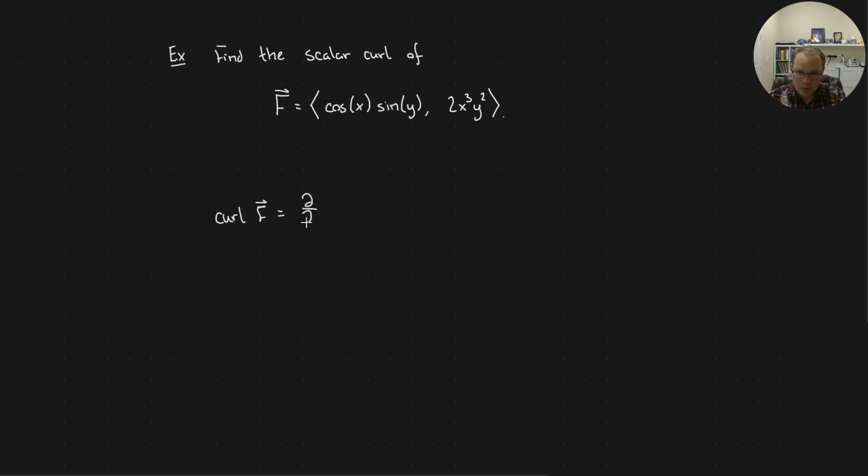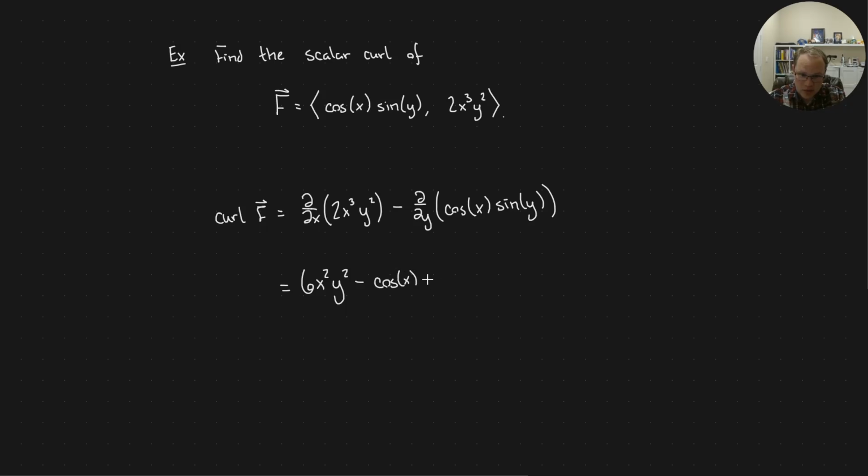So partial derivative with respect to x of 2x cubed y squared minus the partial derivative of the first component with respect to the second variable. Partial derivative with respect to y of cosine x sine y. And so we get 6x squared y squared minus cosine x cosine y. That is the scalar curl of the two-dimensional vector field.